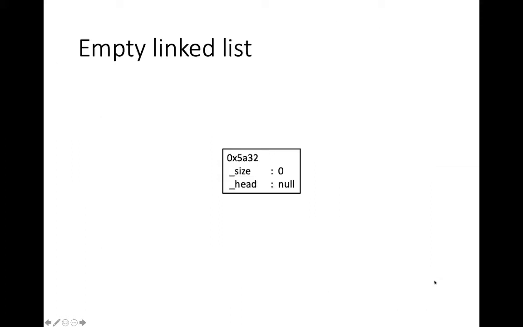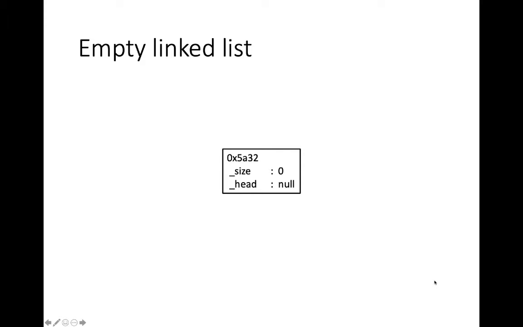If I say new linked list and therefore it's empty? Well, it's pretty clear, right? An empty linked list would have its size be 0 and the head be null. There is no node, there is no chain. Null is the end of the chain, head is the end of the chain. That's because there's nothing in there. And size is 0. Okay?